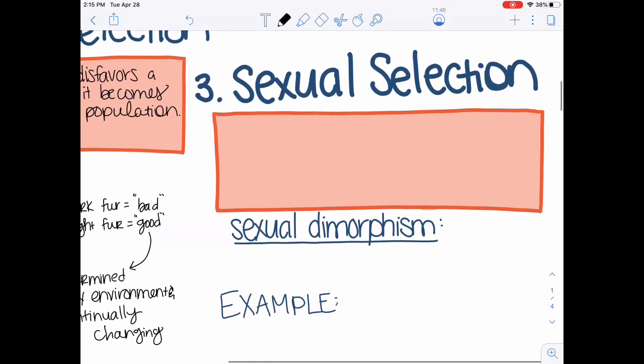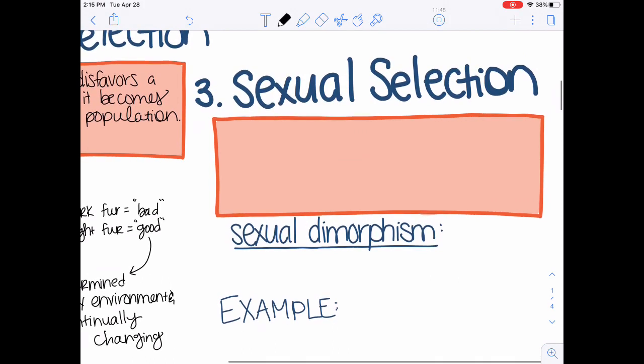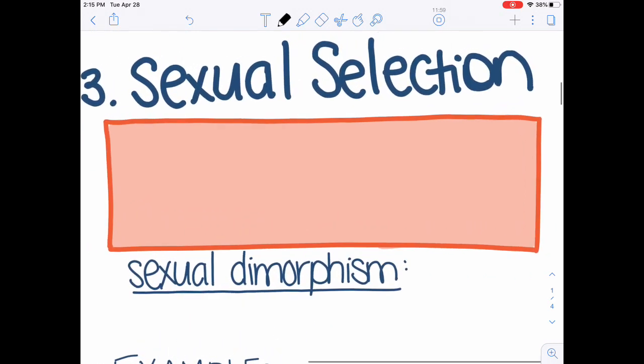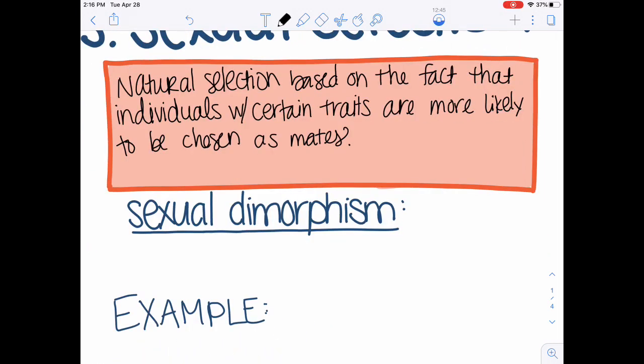All right, sexual selection is a form of natural selection based on the fact that individuals with certain traits are more likely to be chosen as mates. So it's important to remember here that reproduction does not occur randomly.